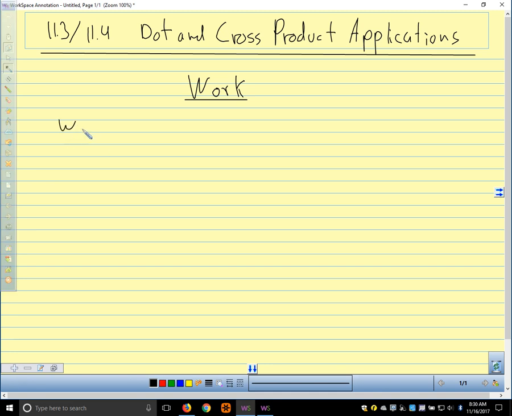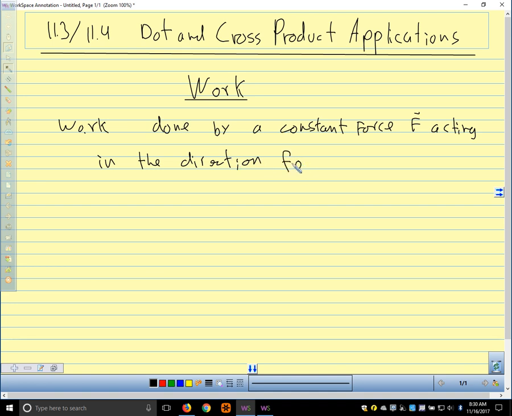So the work done by a constant force F acting along some vector PQ, in the direction from point P to point Q, is the magnitude of the force times the distance that we move. So the magnitude of PQ.